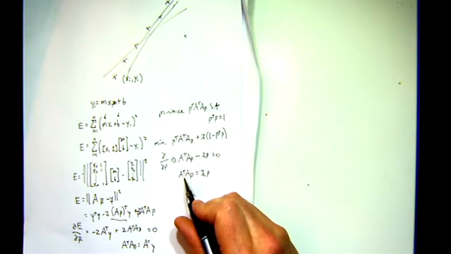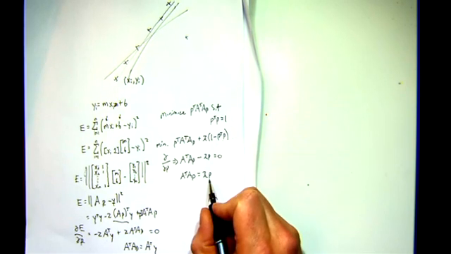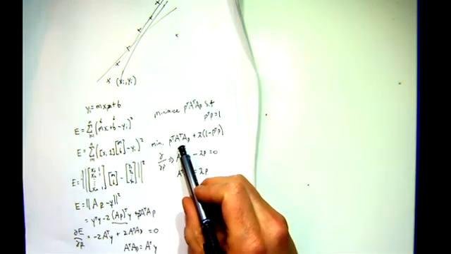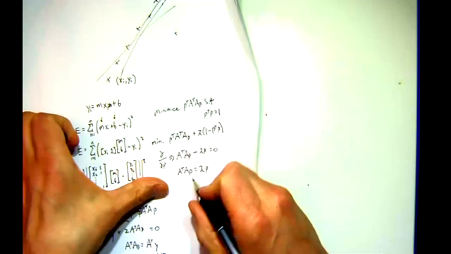So the eigenvectors of A transpose A will satisfy this equation, and the value of p transpose A transpose A p will be equal to lambda. So I want the eigenvector that corresponds to the smallest eigenvalue.